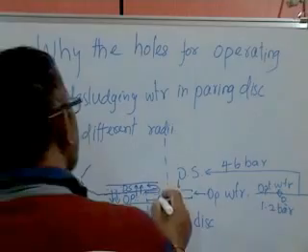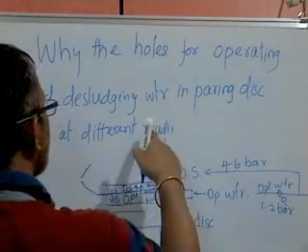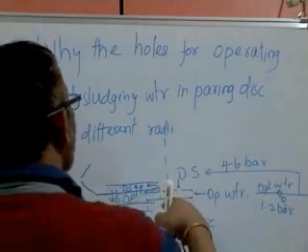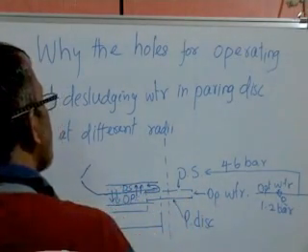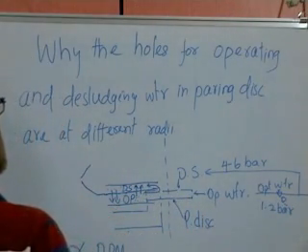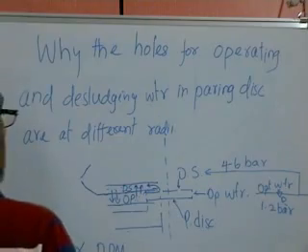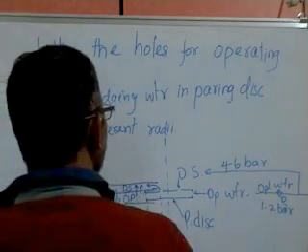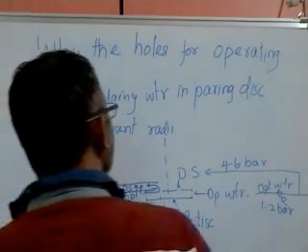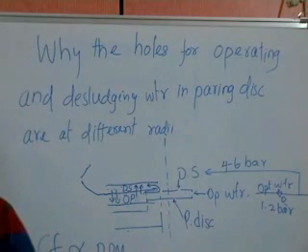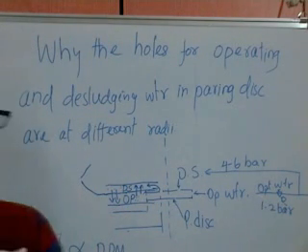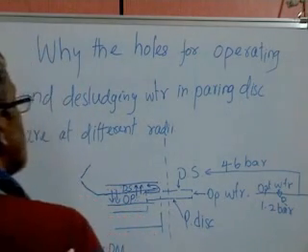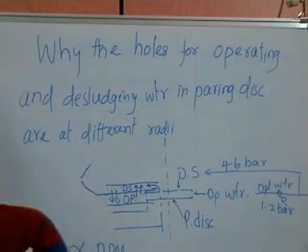Once the bowl is closed, fresh sealing water is given, and after that the feed is given, that is the dirty oil, and the separation or purification continues. So that is the reason why the difference in radius is there for the desludging and the operating water.